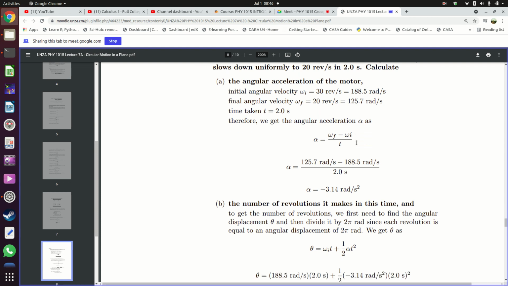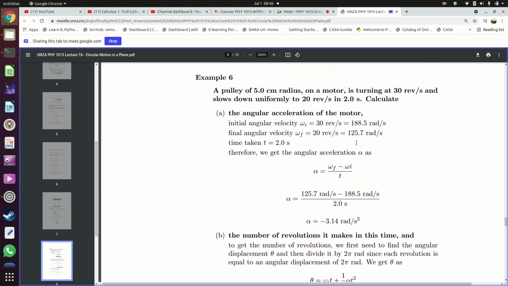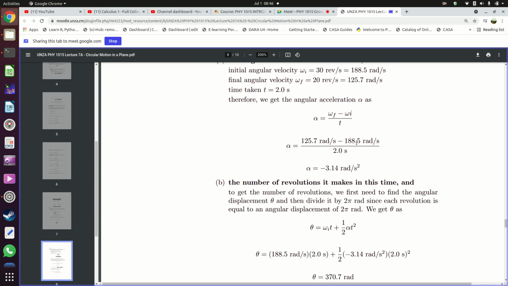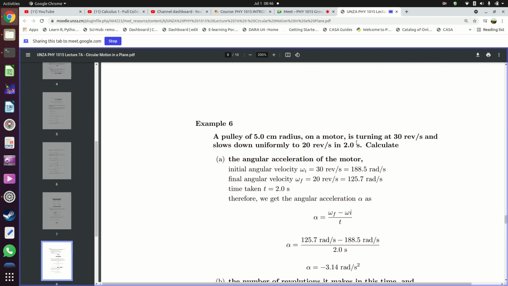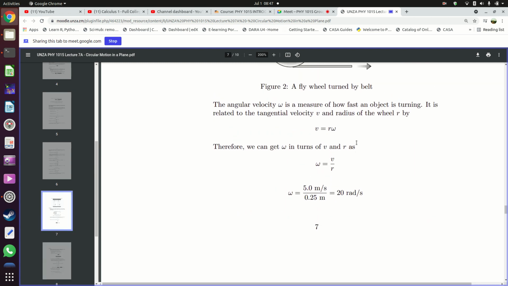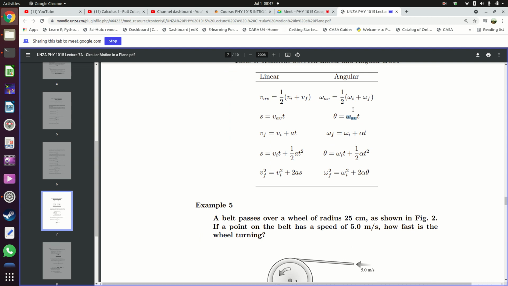Okay, then that is our average angular velocity. Then that average angular velocity, we multiply it by the time, because we have to do this. Theta is equal to average angular velocity multiplied by t.